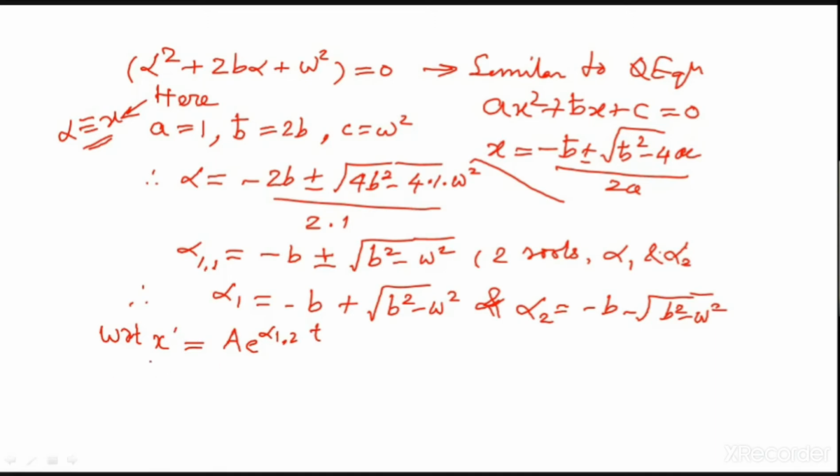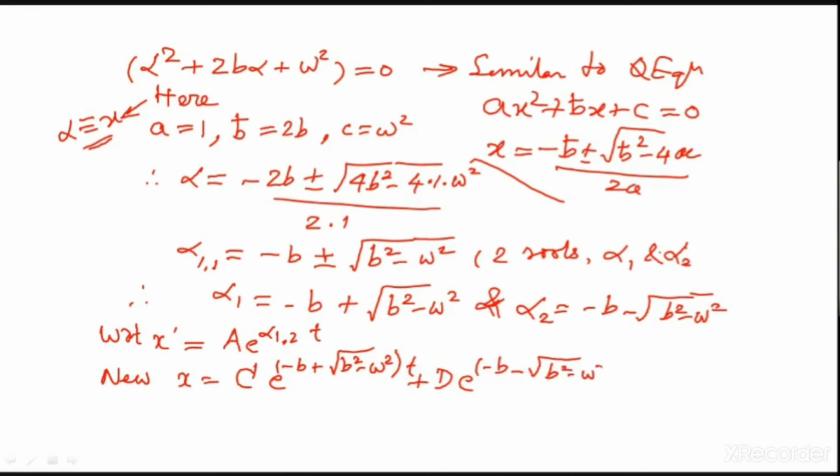So now the new x is equal to, I change this constant to some other constant, c e to the power of alpha 1, which is minus b plus root of b square minus omega square into t, plus d e to the power of minus b minus root of b square minus omega square into t. This is a new expression.